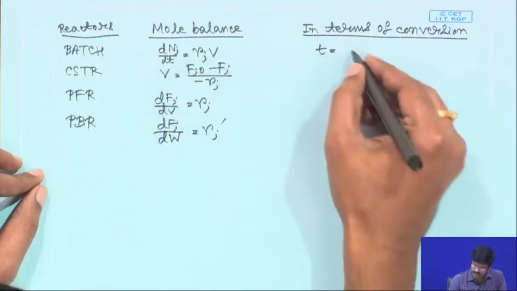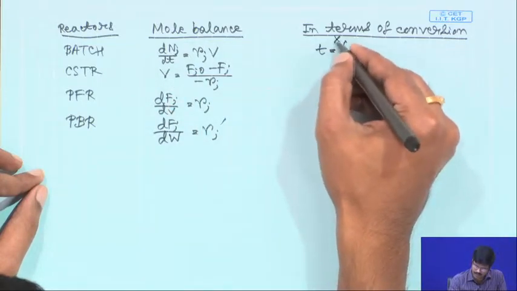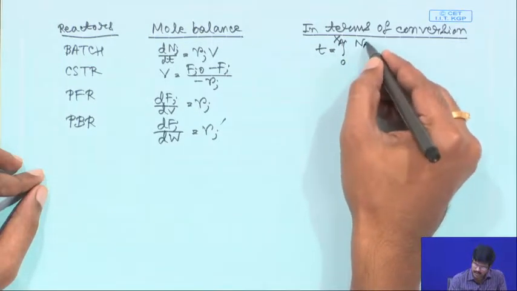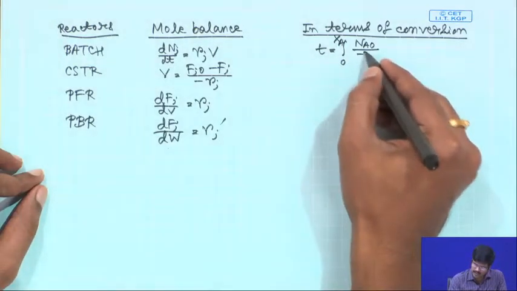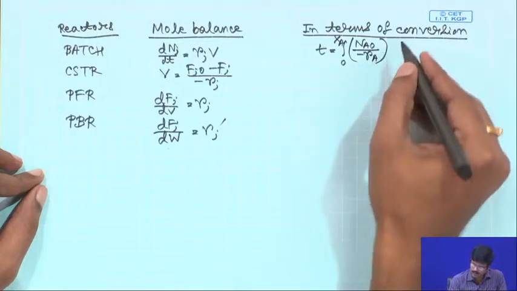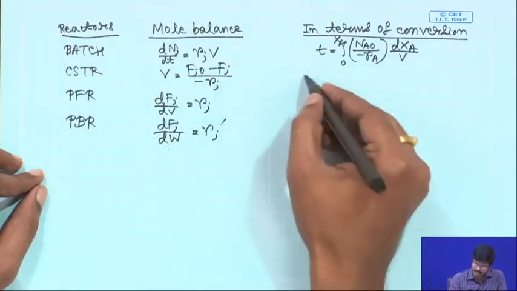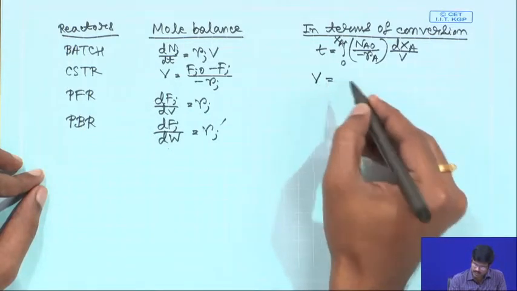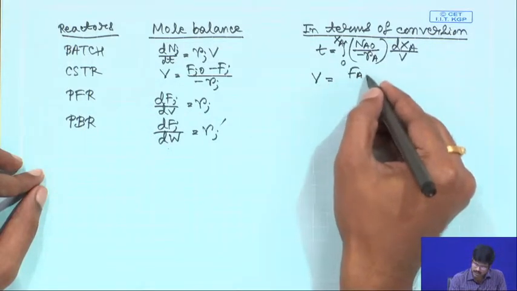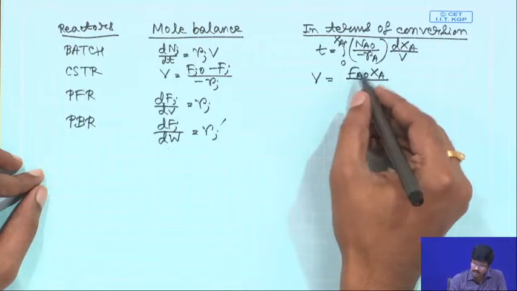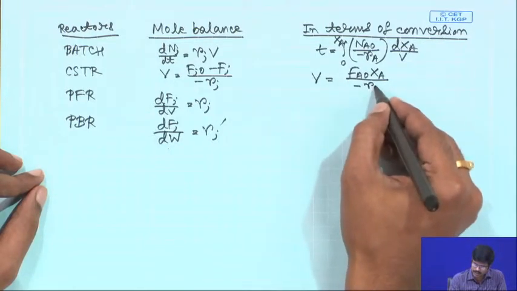For batch reactor it was t equals you integrate from 0 to Xa, where Xa is the targeted conversion, Na0 divided by minus Ra into dXa by V. For CSTR it was volume equal to Fa0, Fa0 being the molar flow rate in for the component A, Fa0 into Xa divided by minus Ra.